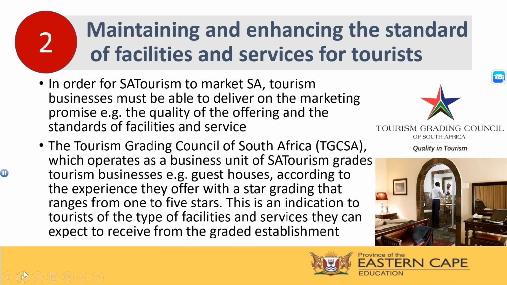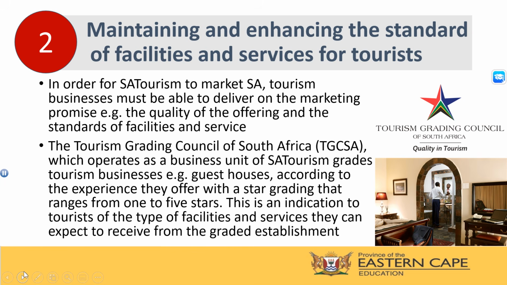detail then. So this is not something that is new to you at this stage, but I do want to just remind you that this is about standard setting. This is about maintaining the marketing promise, maintaining the quality of the standard of facilities and services that are on offer in South Africa.